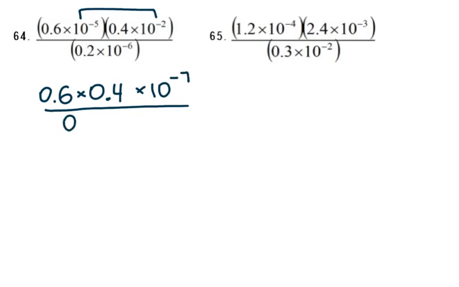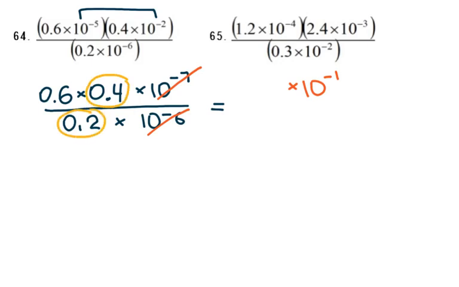And then I have 0.2 in the denominator and 10^-6. So I can see that they can be cancelled, negative 6 from top and the bottom. So what's left on the top is only negative 1. Also, I see that 0.4 divided by 0.2 is 2.